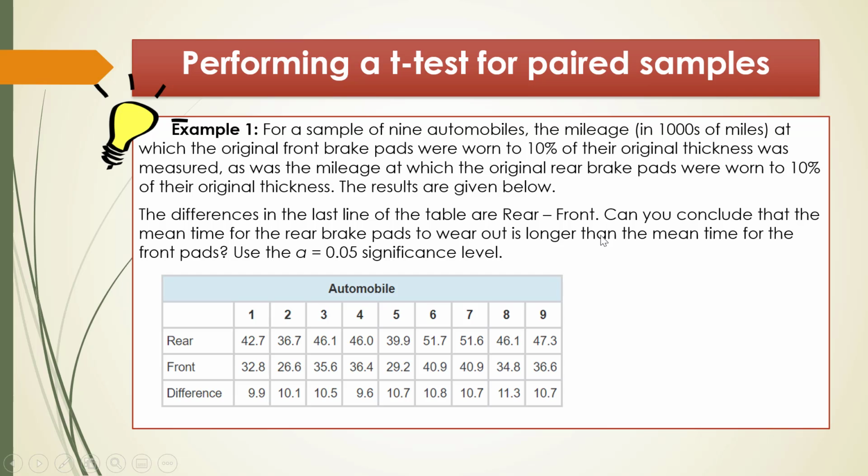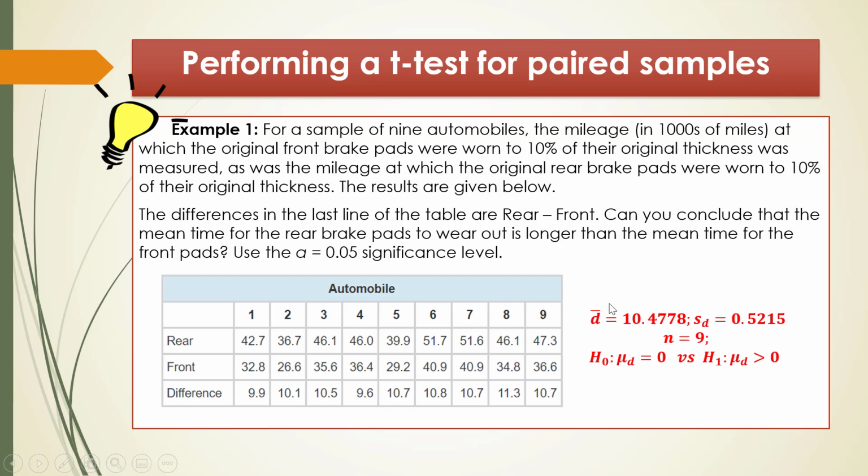So if we want to test whether the mean time for the rear brake pads to wear out is longer than the mean time for the front pads, we basically test if the population mean of the difference is positive for the alternate hypothesis. So here the null hypothesis is mu d is equal to 0, and the alternate is mu d is positive.